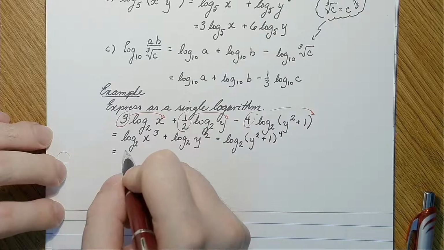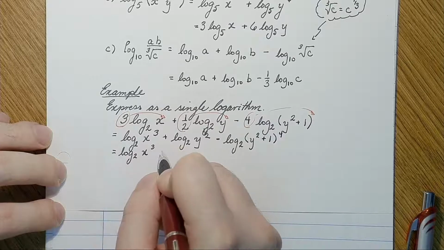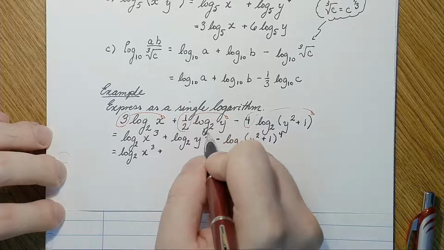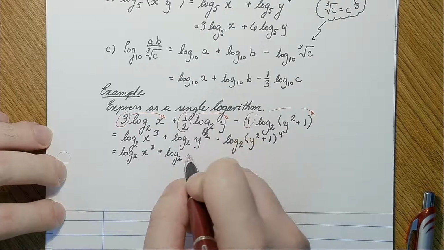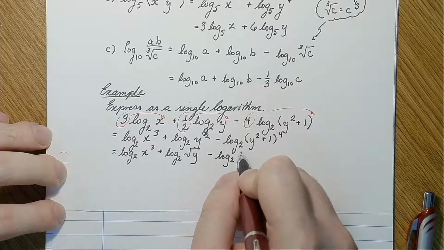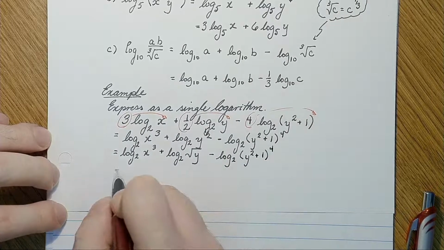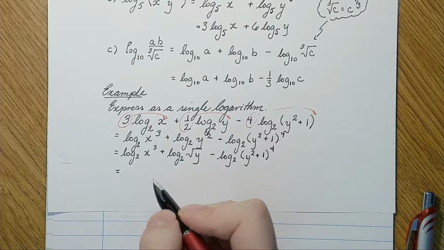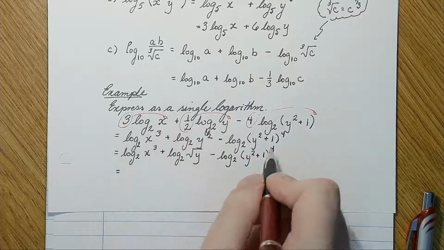Let's just do one more. I'm just going to rewrite using my exponent laws. There's a log to the base 2 of y to the half, so that's just square root of y. And the last thing is we can apply our rule 1 for this part and rule 2 for this part.